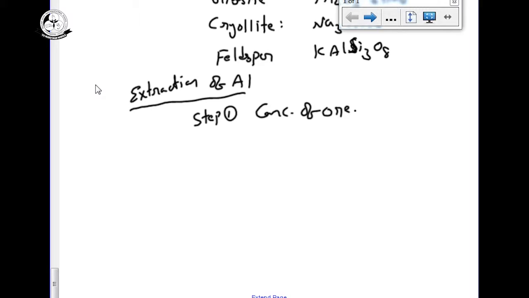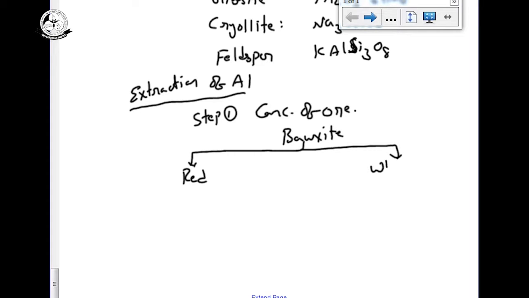So red bauxite can be purified. Bauxite is the best mineral for the extraction of aluminum. One is red in color, the other is white.